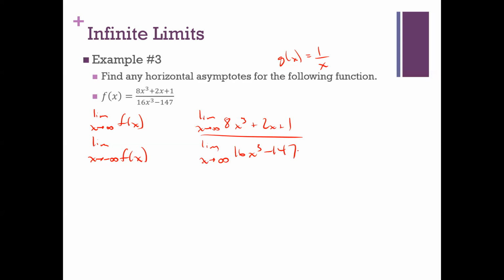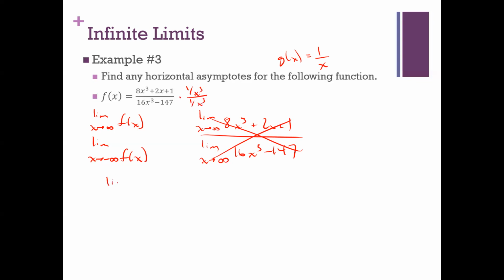What's going to happen to this three-term expression here as x gets really, really big? It just gets bigger and bigger, right? So that limit doesn't exist, and I can't use those laws. But here's what I can do. I can multiply this expression, both numerator and denominator, by 1 over x cubed.